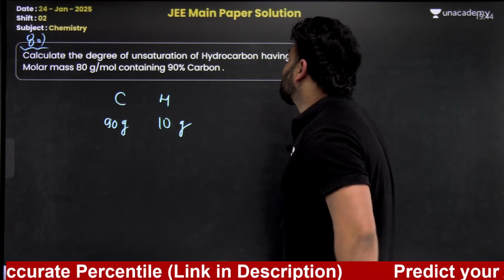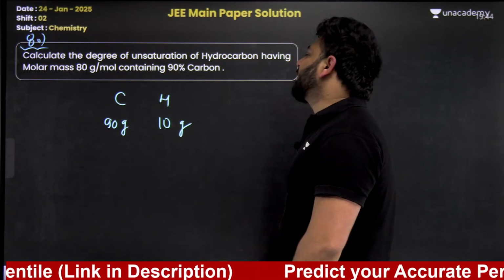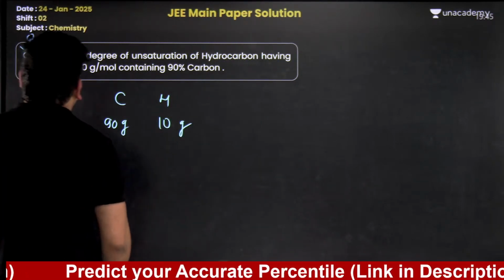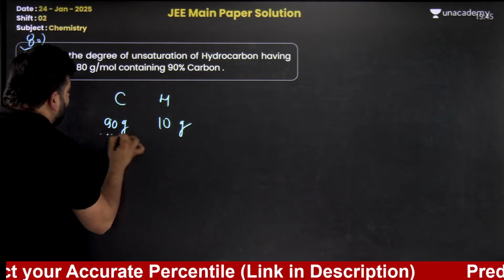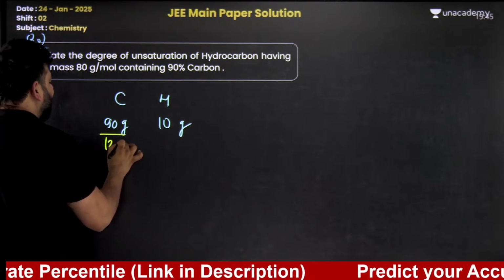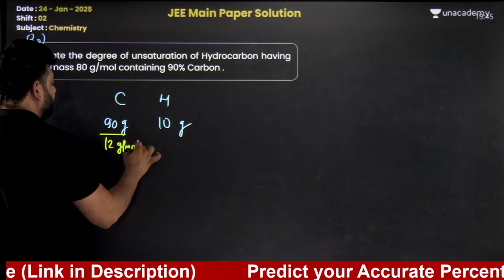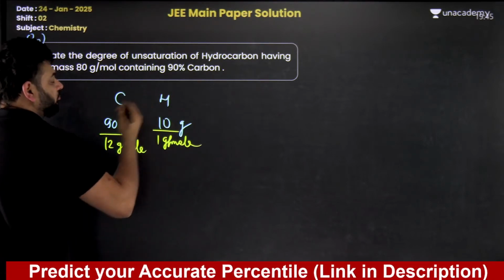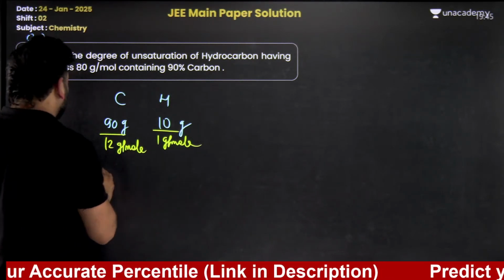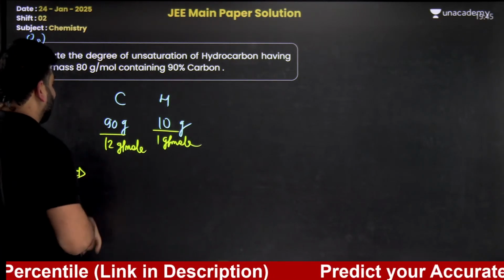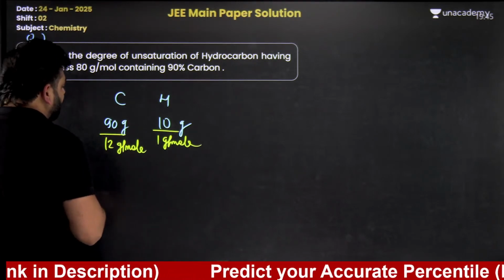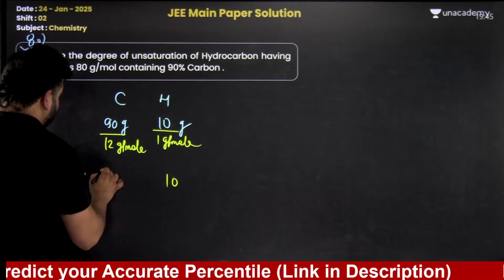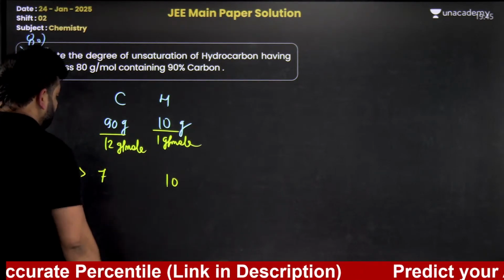Calculate the degree of unsaturation of the hydrocarbon having molar mass of 80 gram per mole. Okay, the molar mass is 80. So what I'll do, I'll simply divide by 12 gram per mole, and 1 gram per mole. And then we will be finding the ratio. The relative ratio comes up as 7.5 and 10.